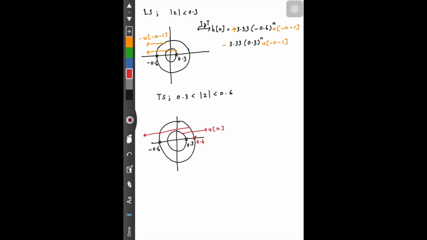To the right is u[n], to the left is minus u[minus n minus 1].